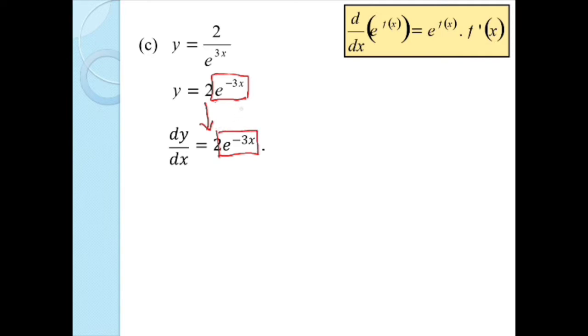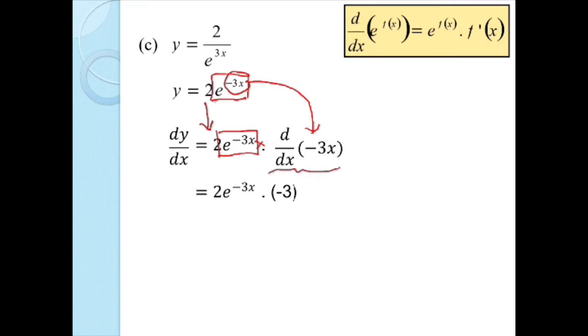Copy the exponential as it is. Next, just multiply with the derivative of the power of e. So just take the power of e and write it in the bracket of d over dx. Next, differentiate this d over dx term, which is negative 3x. You get negative 3. Multiply it with the terms in front.